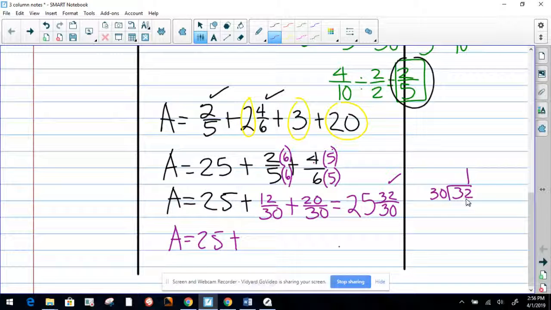The 30 goes into 32 once. 1 times 30 equals 30, and the remainder is 2. So here is the answer for this right here. It's going to be 1 and 2/30, and that's going to be 26 and 2/30.